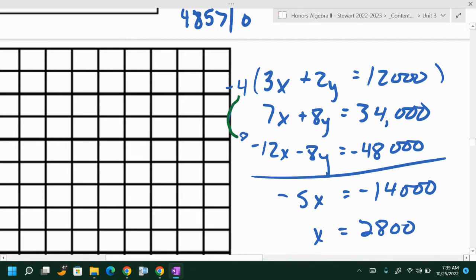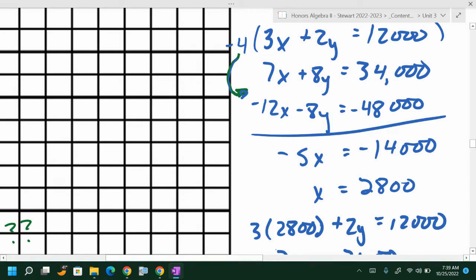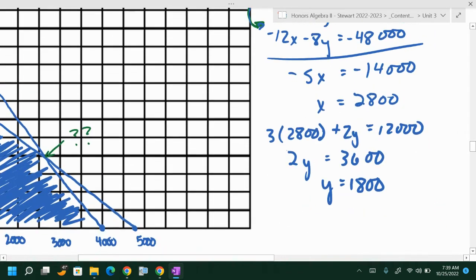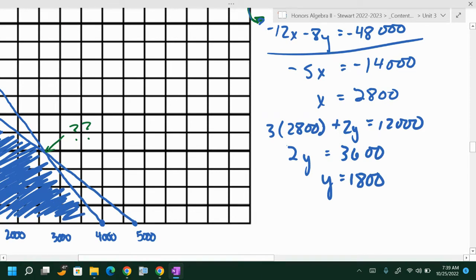You see this then, as I put it back underneath, becomes -12x minus 8y equals -48,000. Add straight down, the y's disappear, and we end up with x equal to 2,800. I'll plug that back into my equation to get y equal to 1,800, and that gives me my point for my line.